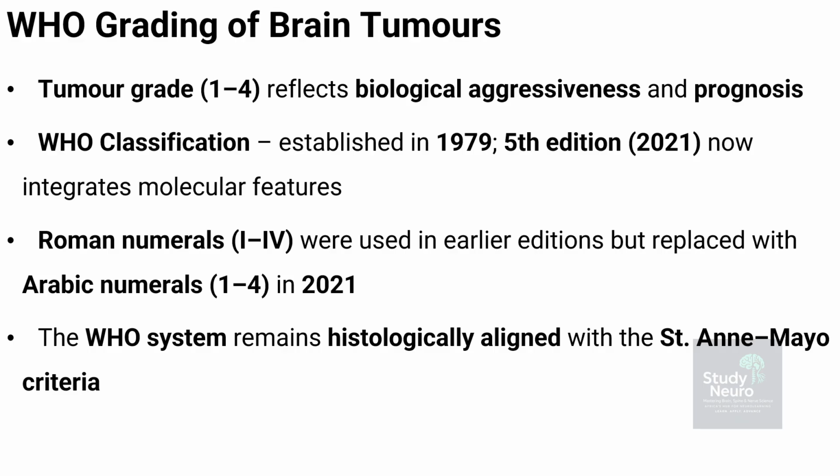The latest, fifth edition, released in 2021, now incorporates molecular markers alongside traditional histopathology. Earlier editions used Roman numerals, grades I to IV, but the 2021 update replaced these with Arabic numerals 1 through 4 for clarity and consistency.